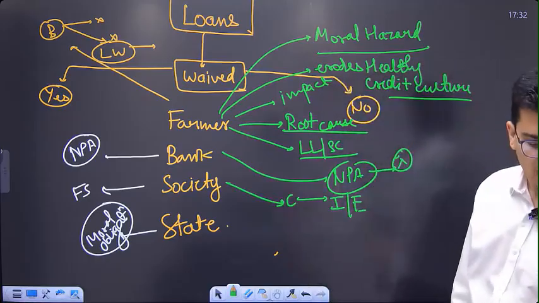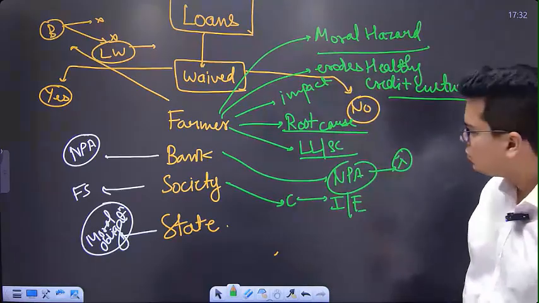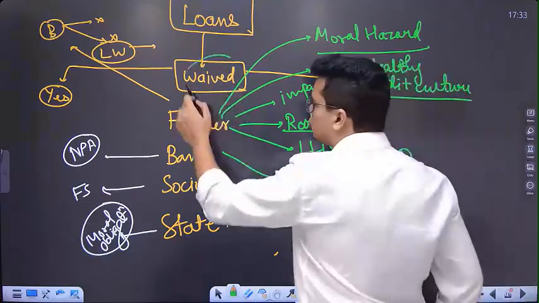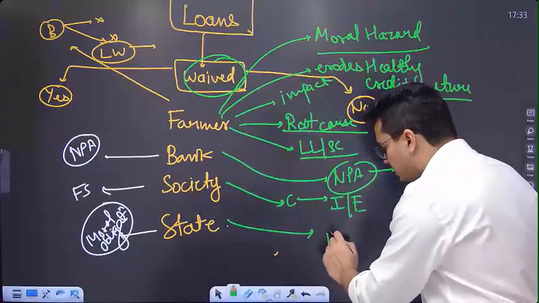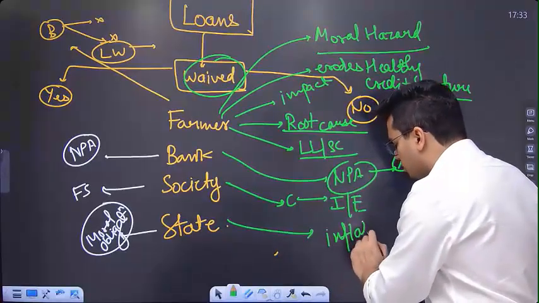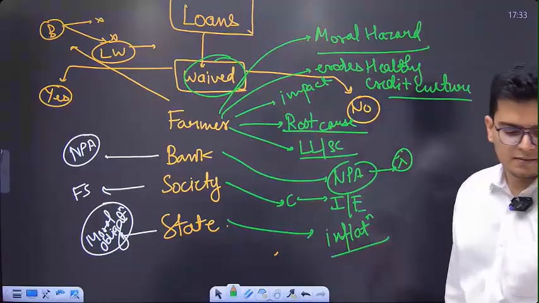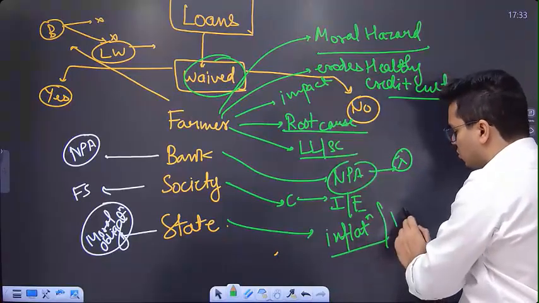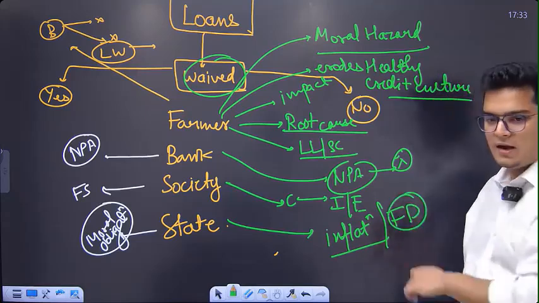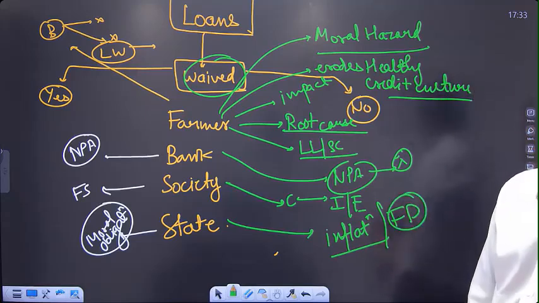And if we look at the state side, you are suddenly infusing so much cash into the farming system, it might create inflation. You are not addressing the root cause. If you are bearing this burden, what happens to the idea of fiscal deficit and fiscal consolidation?